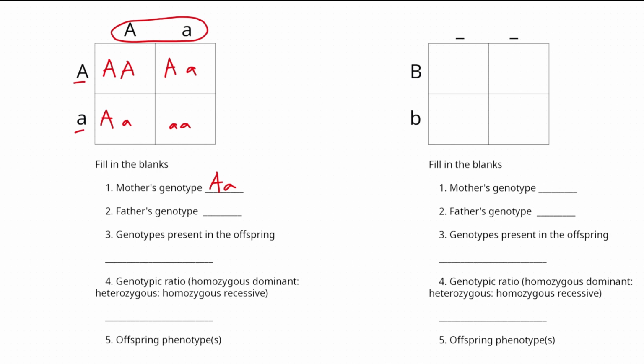Genotypes of the offspring. There's several of them. So we have capital A, capital A, which is homozygous dominant. We have heterozygous here and here. And we have homozygous recessive. Now, let's do the genotypic ratio.